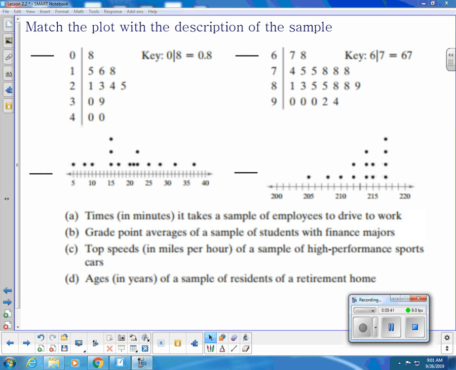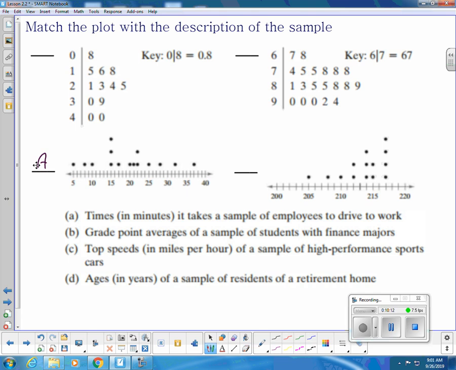I would think it would be this guy right here, the first one, the first dot plot. So you could have a 5-minute drive to work. You could have a 38-minute drive to work. Okay. Up here, everybody's drive to work would be over an hour, which isn't realistic, and certainly not over 200 minutes, which would be over 3 hours, okay? Nor would it be 8 to 4 minutes.